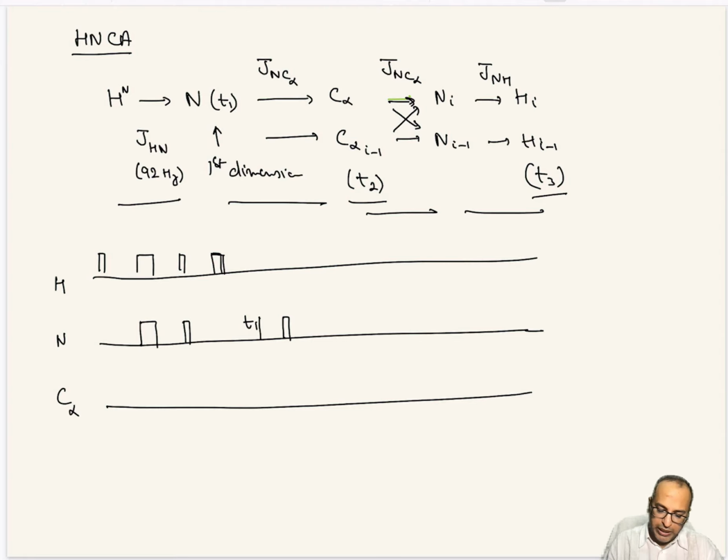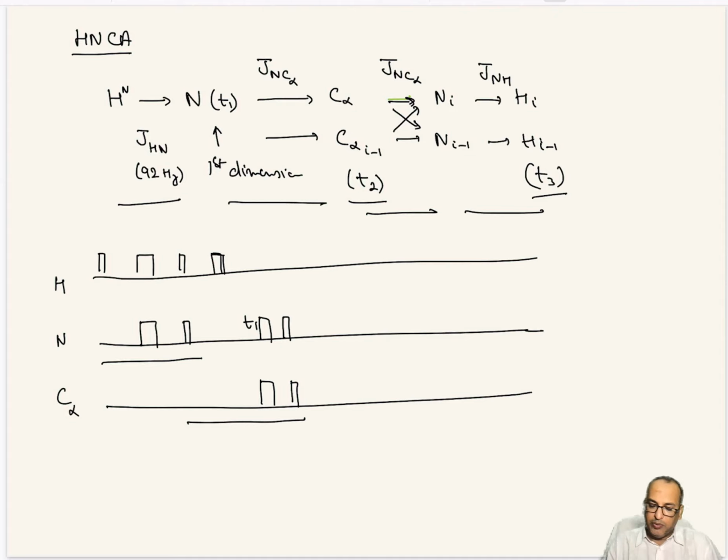While nitrogen is being T1 labeled, you also place 180 degree pulses strategically, so that you also simultaneously use this as INEPT. So this is the first INEPT over here, this is the second INEPT over here, while T1 labeling is happening during nitrogen evolution.